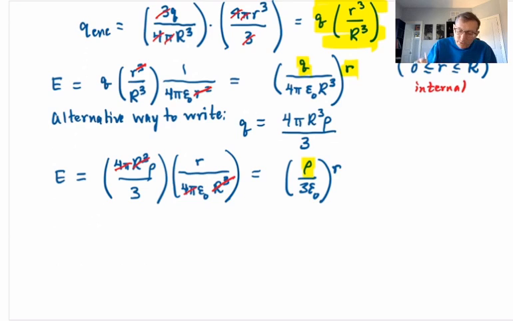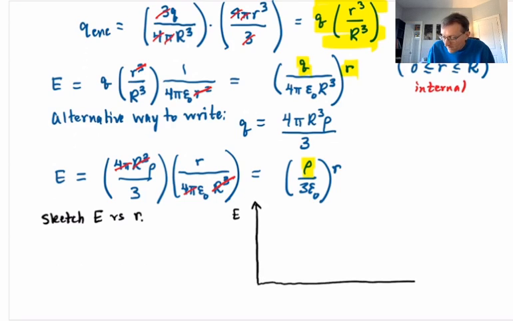Now the last thing I want to do is sketch this field. This is very helpful, very informative. I want to sketch the magnitude of the electric field that this solid creates versus little r, the radial distance from the center. So we'll have E magnitude going up the vertical axis, and little r going out the horizontal axis.